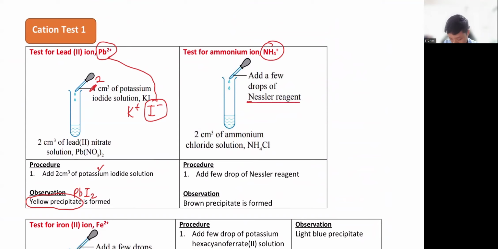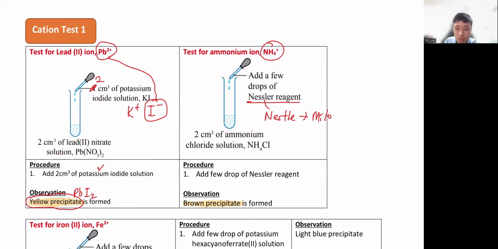Nessler's reagent looks like Nescafe, similar to a Milo color. So your final part, what color do you form? You get brown. This one gets yellow, this one gets brown.